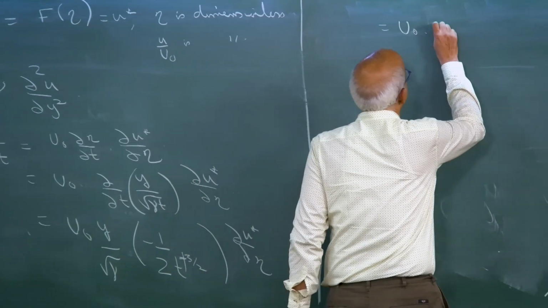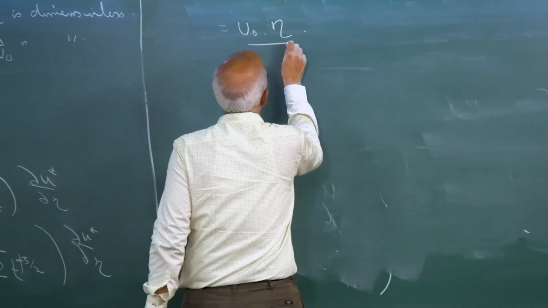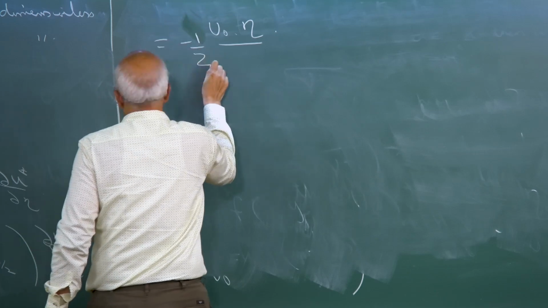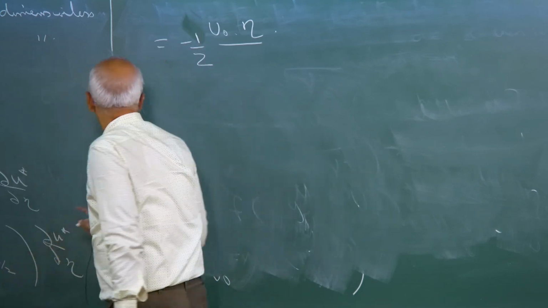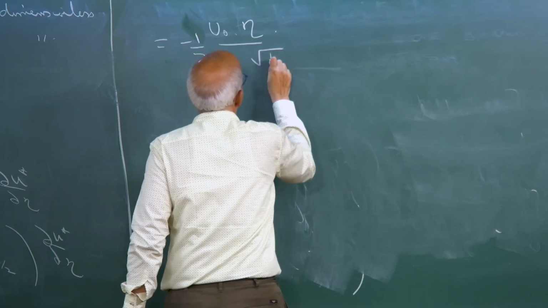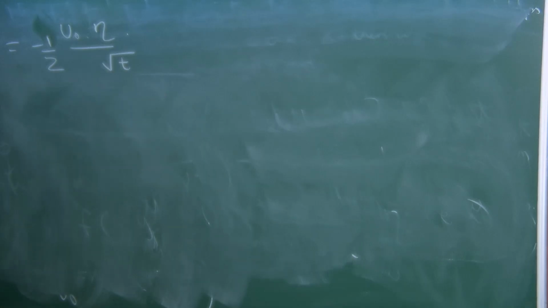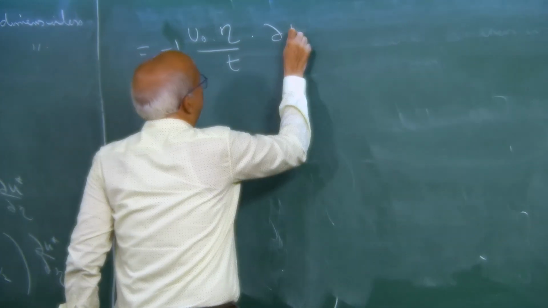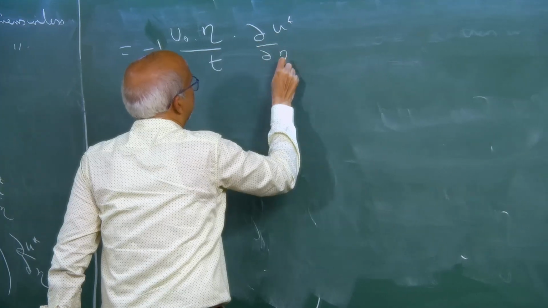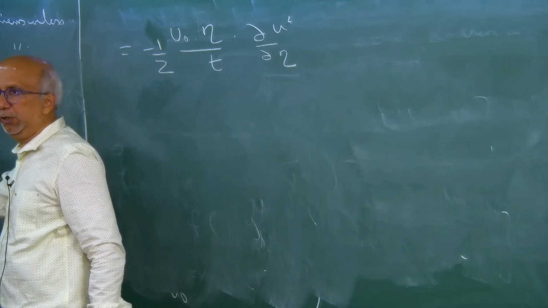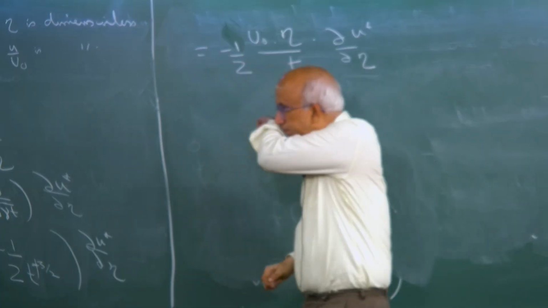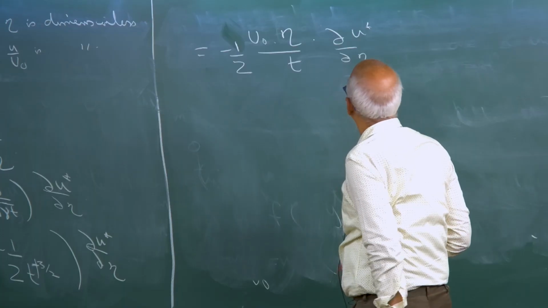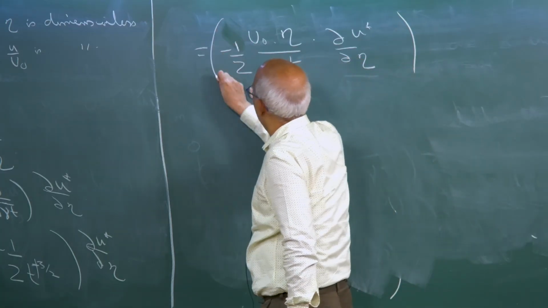So, I have eta, I have a minus half, and I have t remaining, du star by d eta. Okay. This is my du by dt. Yeah, makes sense. Du by dt is this. All I have done is differentiated.